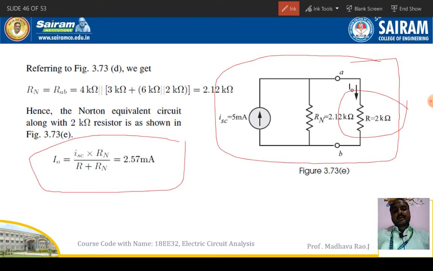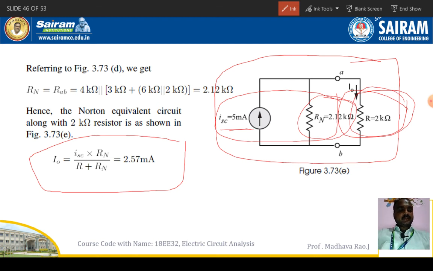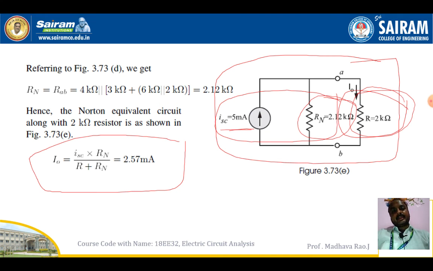The current source is always parallel to the equivalent resistance. So the current source of 5 milliamperes is parallel to Norton's resistance, and here we connected that load resistance. So that current we have to find out. This is a very simple technique for finding the current in any branch.